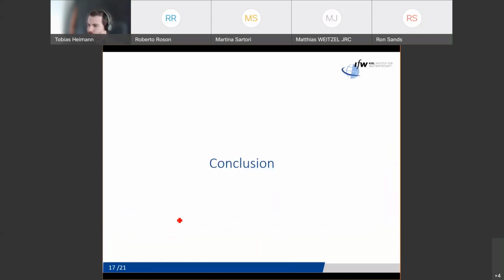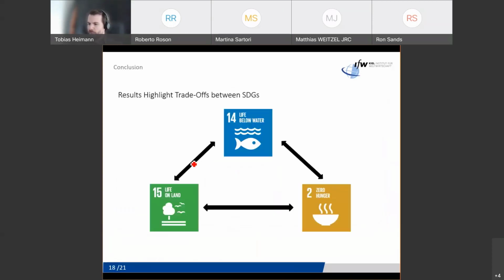So to conclude, I think the results of this paper highlight the trade-offs between those three SDGs. When we have a policy on SDG 14 to rebuild sustainable fish stocks, on the one hand, we have direct effects on food prices, on fish prices, for example, which affect SDG 2. But also we see some effects on life on land, because we have a land use change.